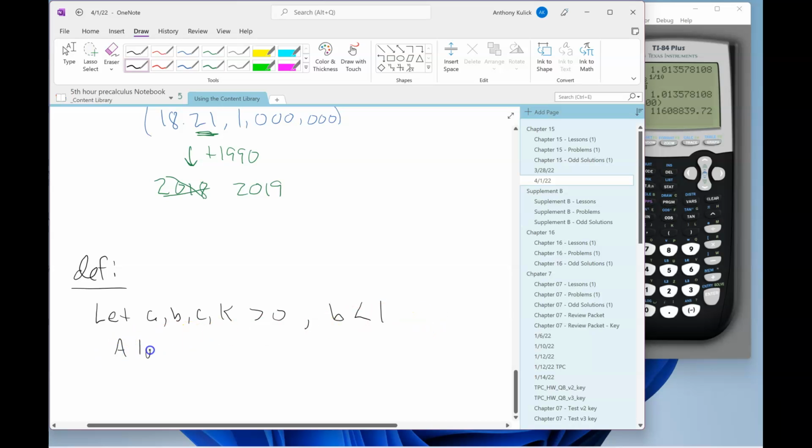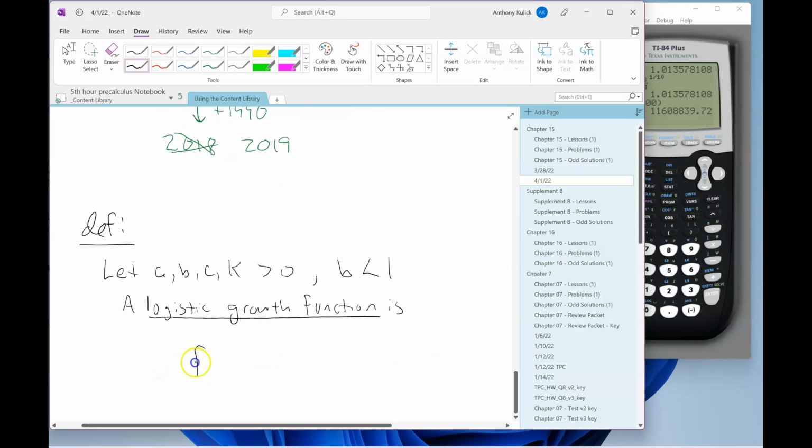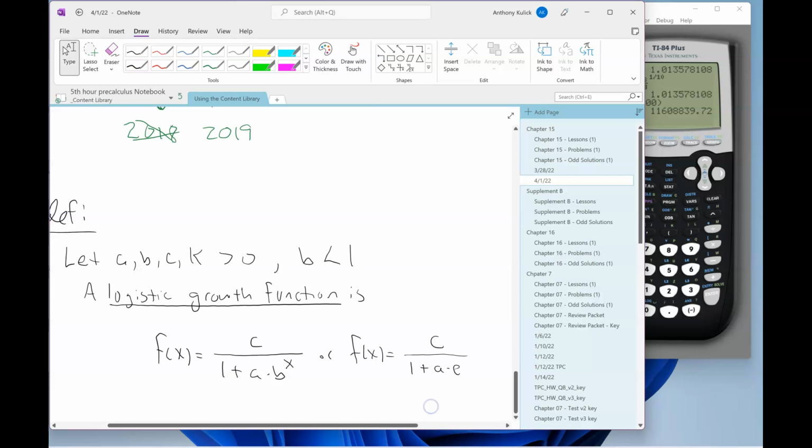We say a logistic growth function is of the form f of x equals c over 1 plus a times b to the x, or if you prefer your exponential written in the other form, 1 plus a times e to the negative kx.